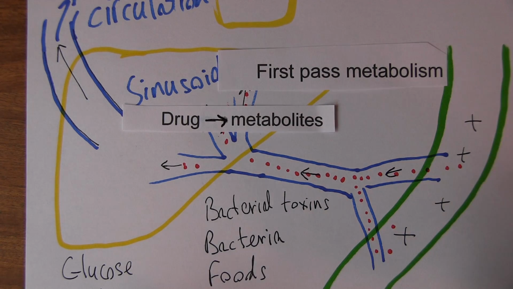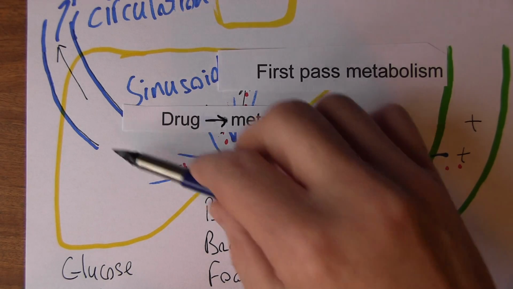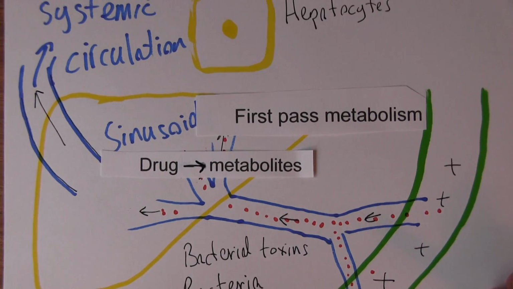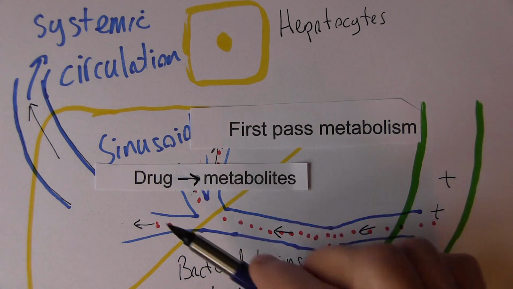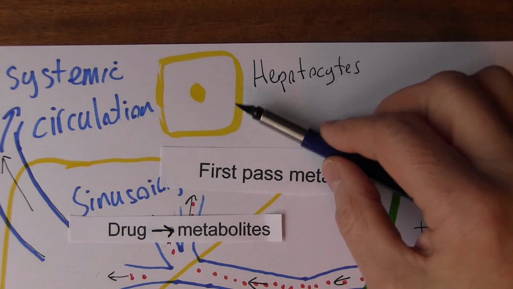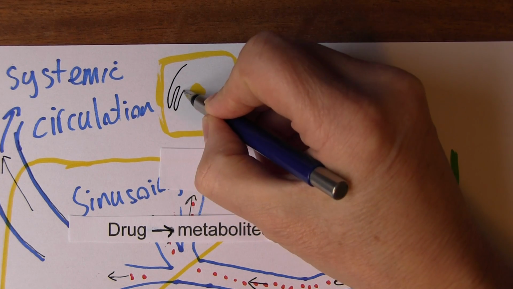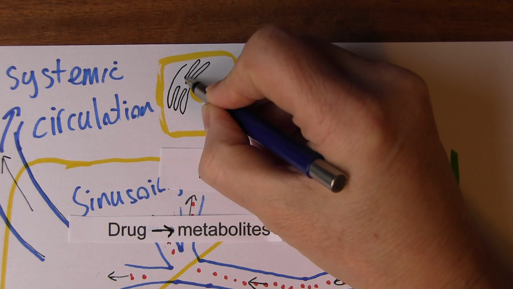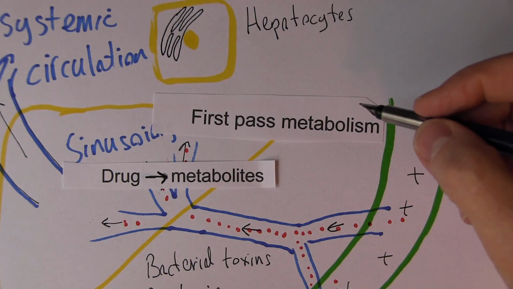Nitrates, glyceryl trinitrate. If someone swallows the glyceryl trinitrate tablets, nearly all of it will be broken down by first pass metabolism, not reaching the systemic circulation. Therefore, the patient will not get relief of their angina pectoris. So drugs are broken down in the liver by the metabolic activity carried out in the hepatocytes, particularly in the endoplasmic reticulum, this network layer in the hepatocytes, which is where a lot of the enzymes reside that break down the drug.